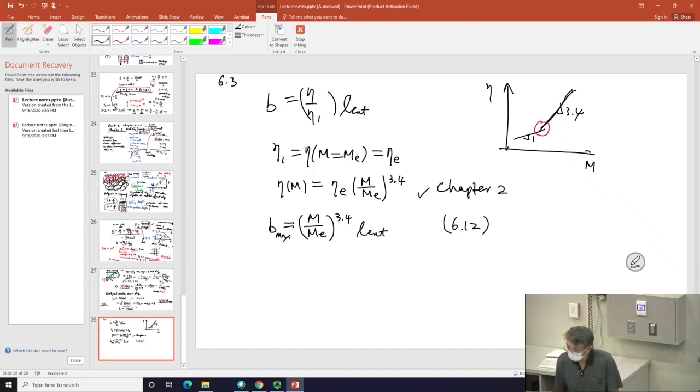There's one consequence perhaps I should mention: when you have a corresponding maximum B, you also have a corresponding maximum slip velocity.